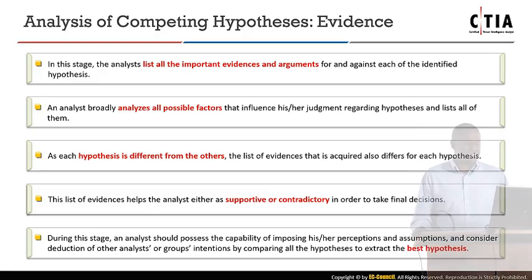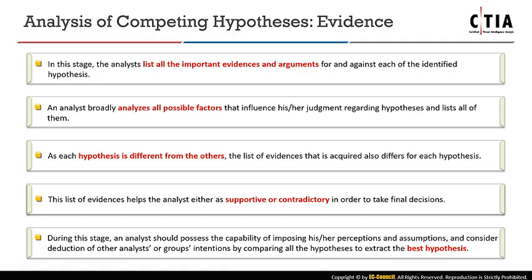So as each hypothesis is different from the others, the list of evidence that's acquired also differs in each hypothesis. So each one has different evidence, and the list of evidences helps the analyst either support or contradict in order to make final decisions. So we'll support or contradict the hypothesis that's been given to us.